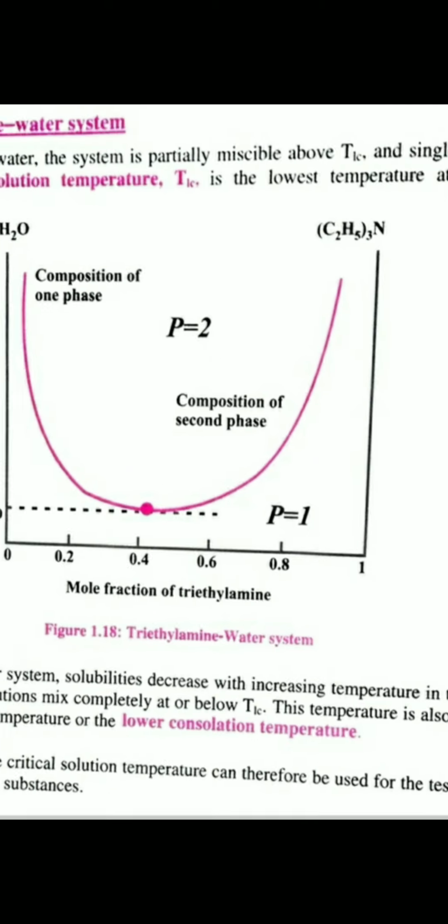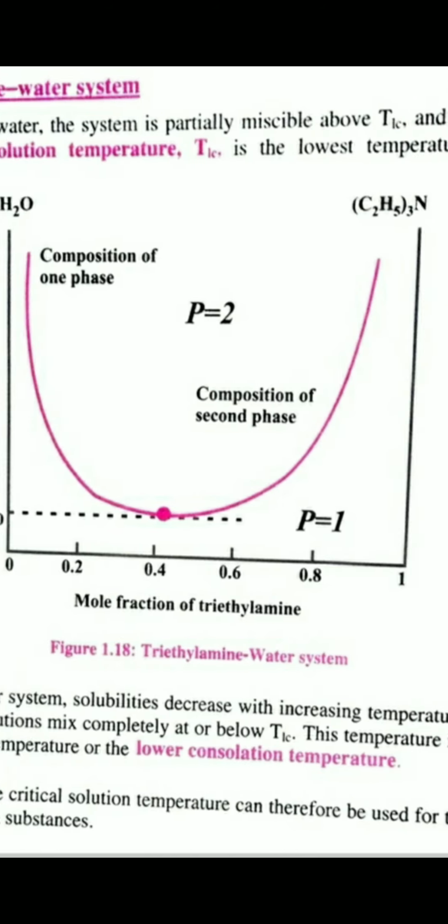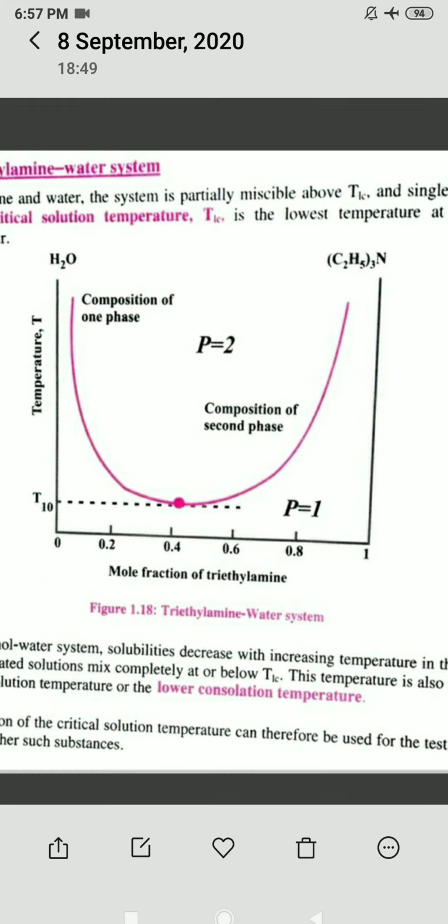Here we are getting miscibility at a lower critical solution temperature. So solubility decreases with increase in temperature in this system. The two conjugate solutions mix completely at or below the LCST, the lower temperature. The one phase composition is the second phase composition.